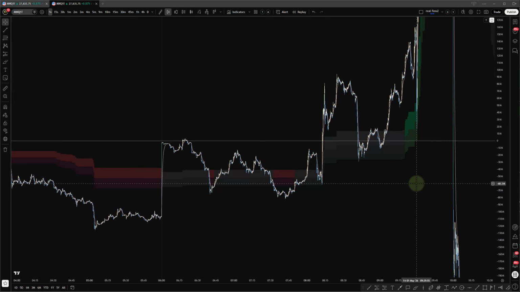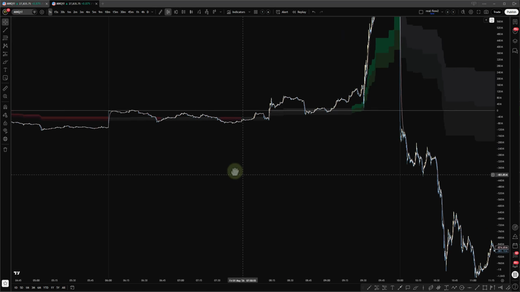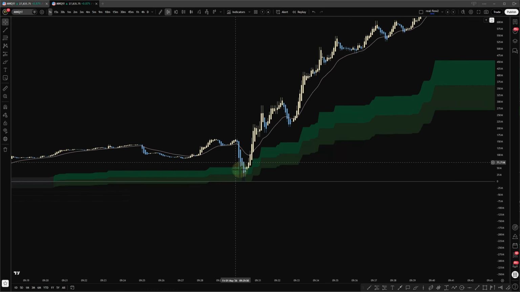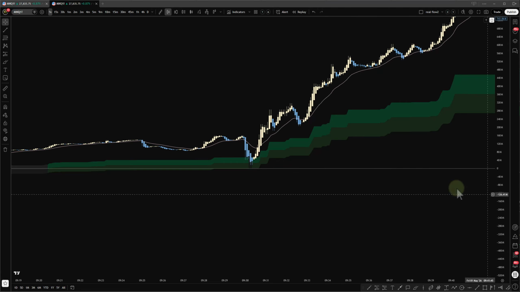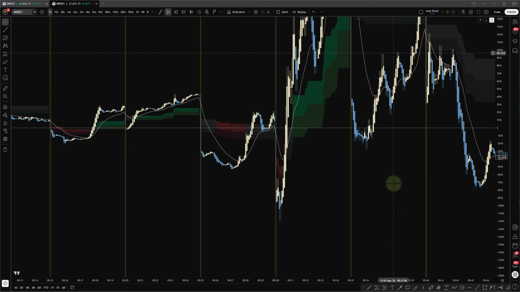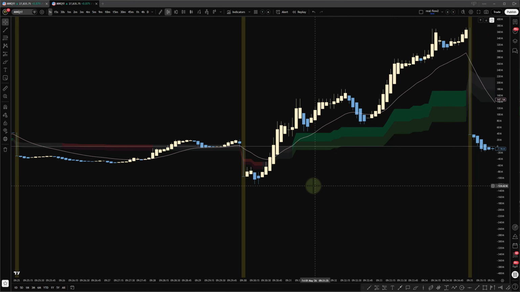So we're looking for alignment. We want to see, just like we do right here, where the zone is above and the price is above, and we're breaking over the EMA there, and that is the zero line. Now, here's the 5 minute. This is 9:30 right here. What I'm doing is really simple.